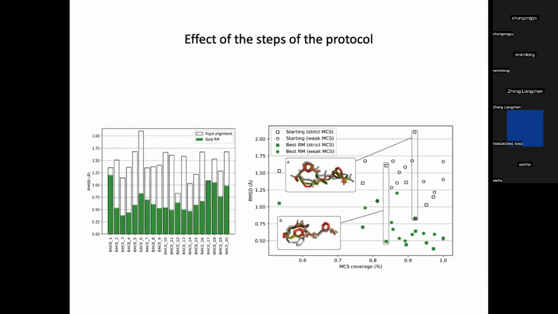And just to see an example of how the steps of the protocol help, the initial sampling gives you actually pretty decent results. This is an example from some previous D3R experiment.